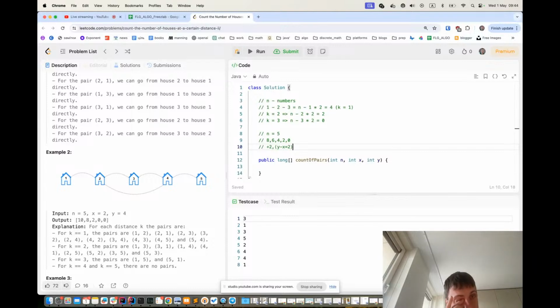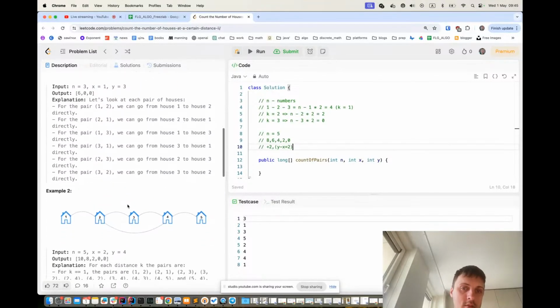Yeah, we can update our formula. And check how much additional connections we can have. And we have here 2. And then we should decrease another number of connections.